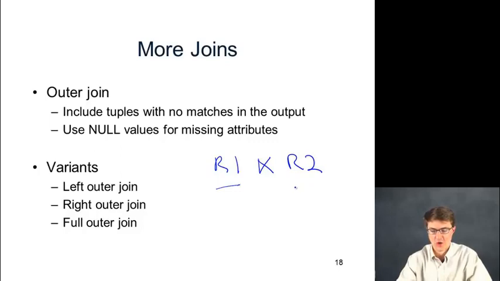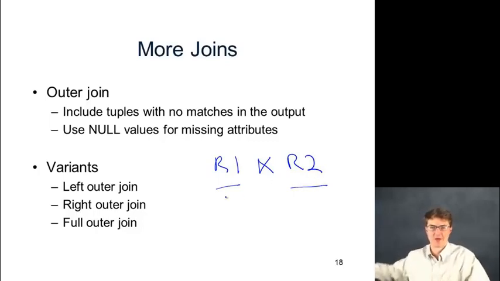And if the tuple on the right-hand side matches, great. You put it out and it's just like a regular join. But if there is no match, you still include the R1 tuple, and you pad out the other columns with null as needed. So any value you don't have, make it a null.